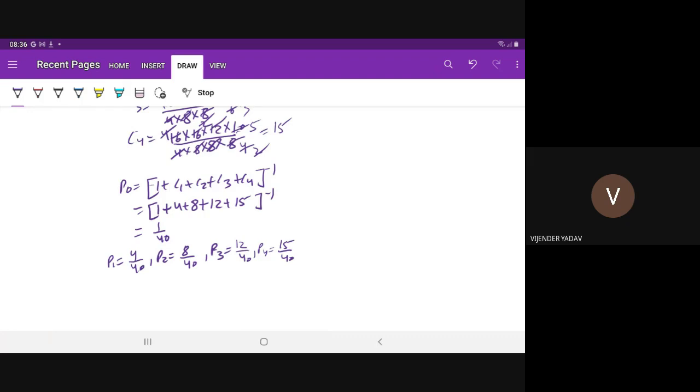Clear? So in this way, we have computed all the state probabilities, and Pn is equal to 0 for n greater than or equal to 5. It is necessary to write.